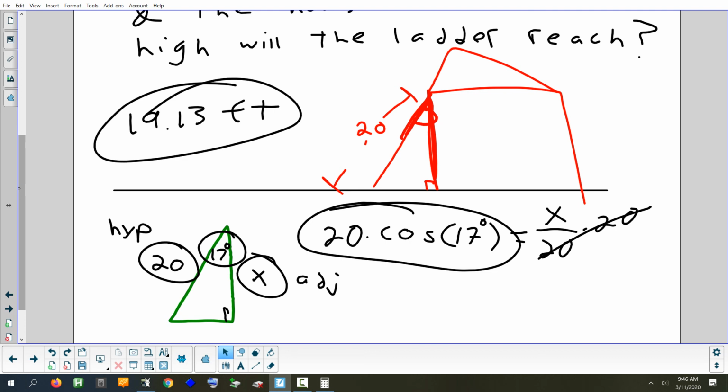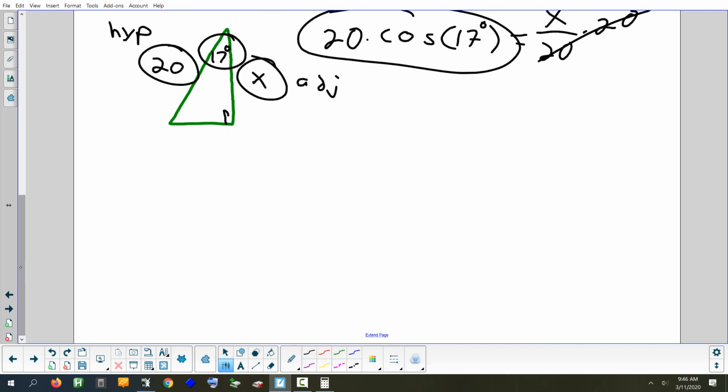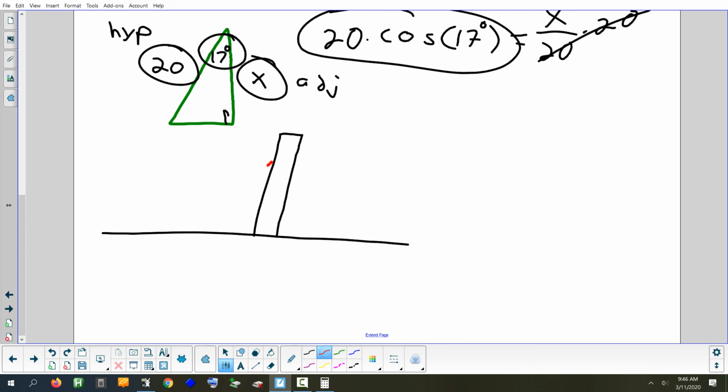If it was leaning, like the Leaning Tower of Pisa, and you put a ladder against that, this triangle in red is not a right triangle anymore. We can't do it the way I taught you; we'd have to do something else. But for this week, we're just going to assume that you got that right triangle.